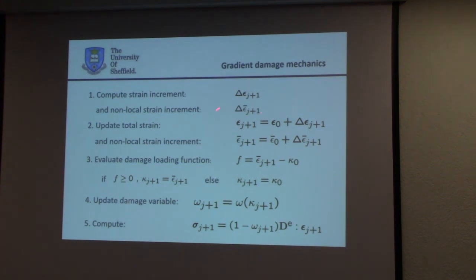How we exactly compute this one, I will reveal in a moment. We update both the strain increment and this non-local equivalent strain increment. We evaluate the loading function and then do the usual thing. If it's bigger, we update, else if not. And we evaluate our damage variable and compute our new stresses.